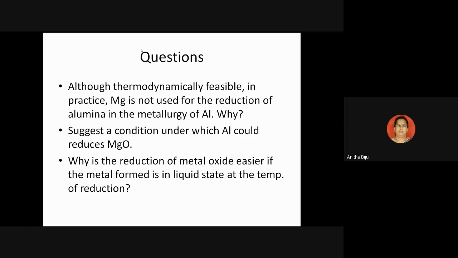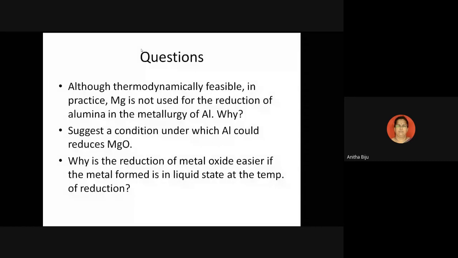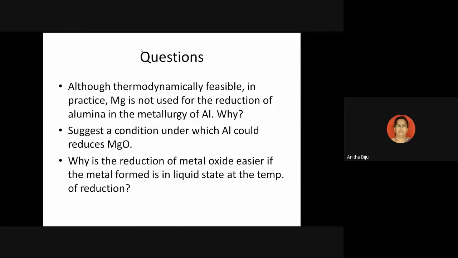Okay, so what is the condition? The condition means the temperature must be at a particular range. So at that particular range, the temperature must be high. It should be 2000 Kelvin. It is near about that, very high temperature. At this temperature only, aluminium could reduce magnesium oxide.